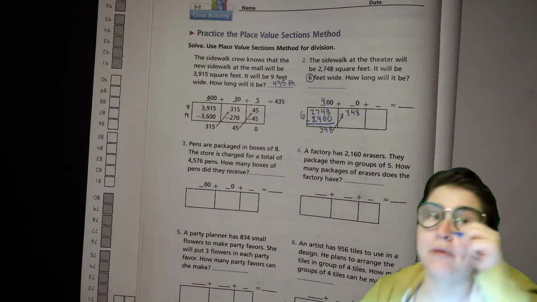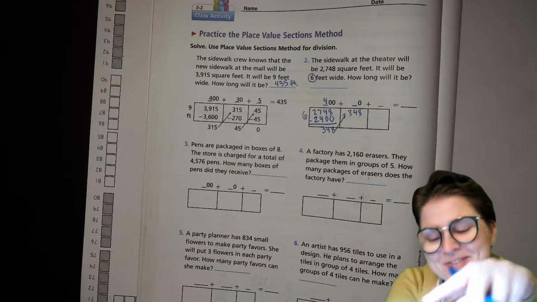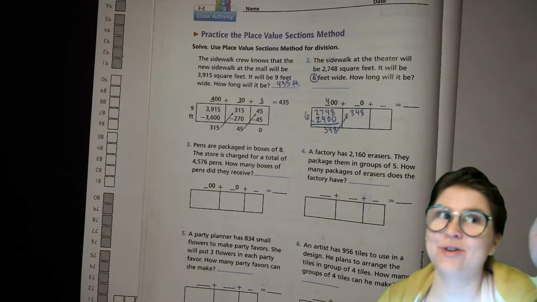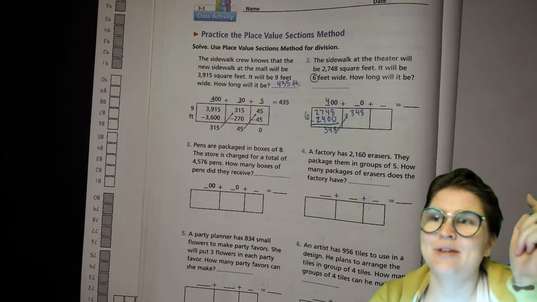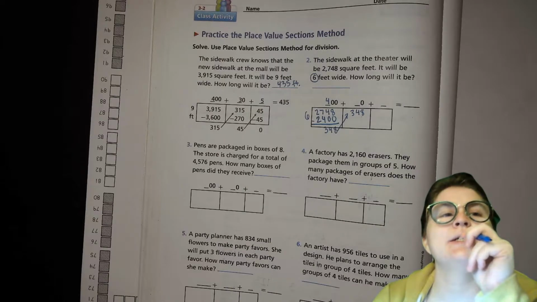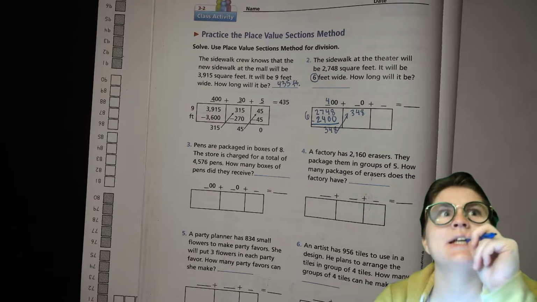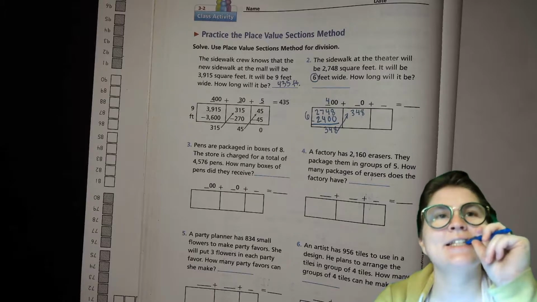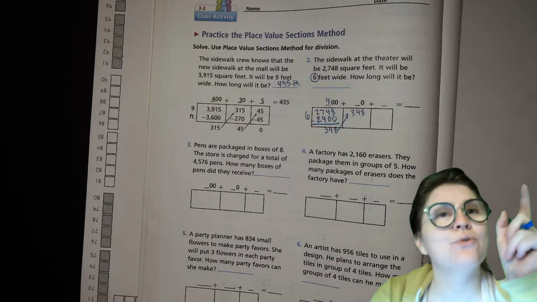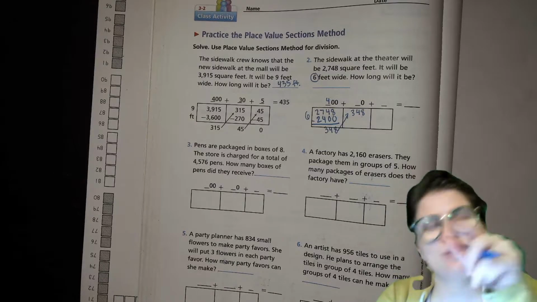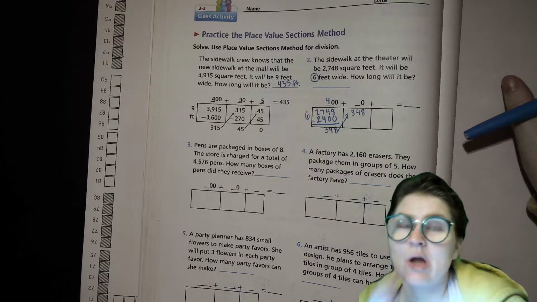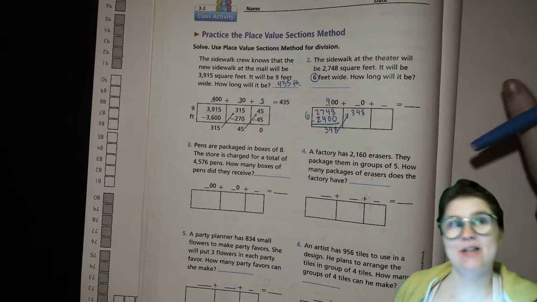348. Now the question continues. 6 times how many tens gets us close to but not over 348? 6 times 1 ten is 60. 2 tens is 120. 3 tens is 180. 4 tens would be 240. 5 tens, what's that? 5 tens times 6? 300.